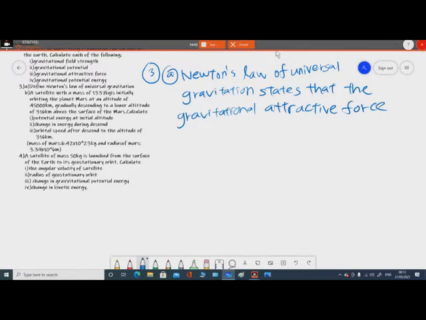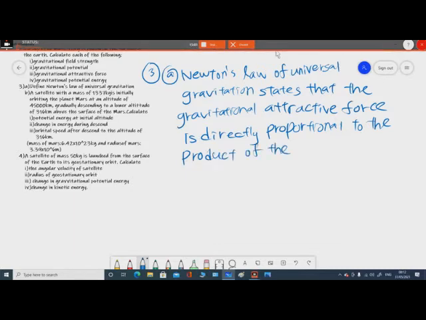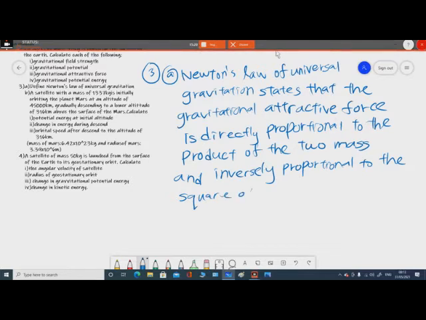Attractive force is directly proportional to the product of the two masses and inversely proportional to the square of distance between them.